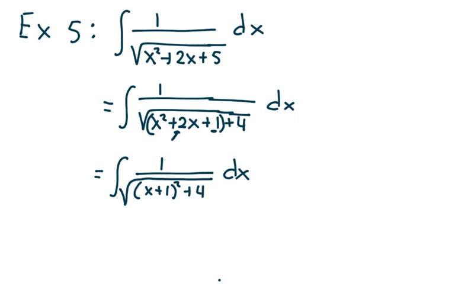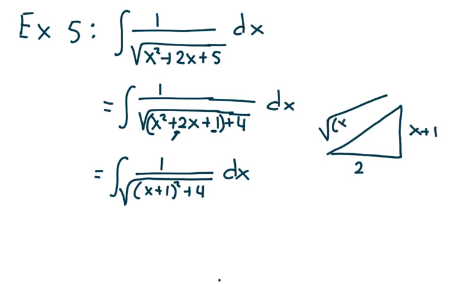Now, if we're comfortable, I'm going to label the triangle from here. So I'm going to make this side x plus 1 and this side 2. And the hypotenuse, the square root of (x plus 1) squared plus 4. And here's my angle theta. And so x plus 1 is equal to 2 tangent theta.